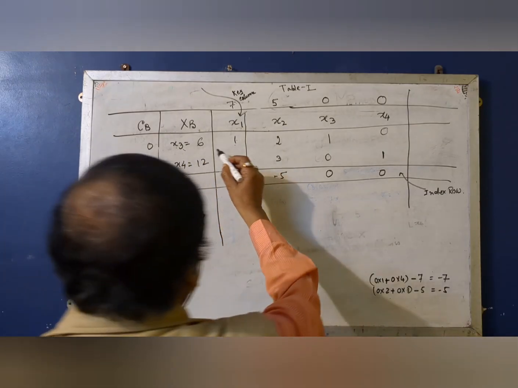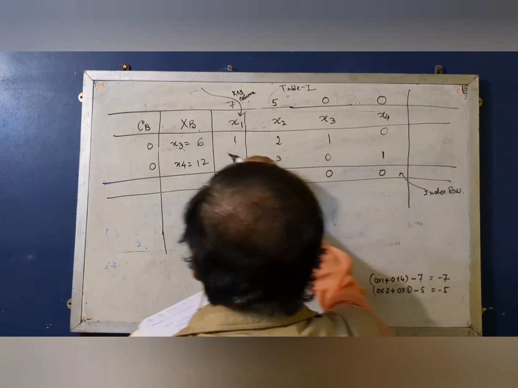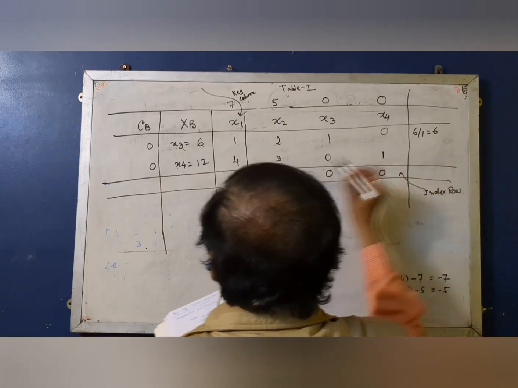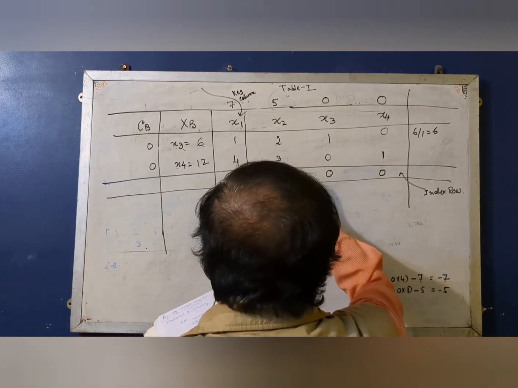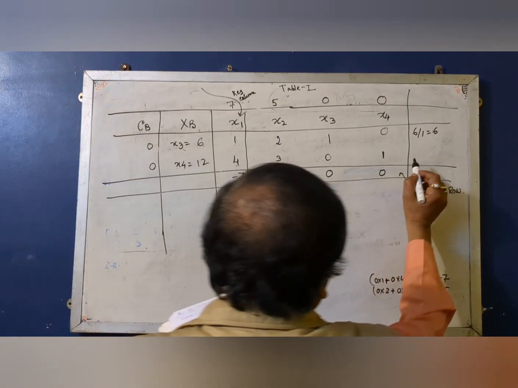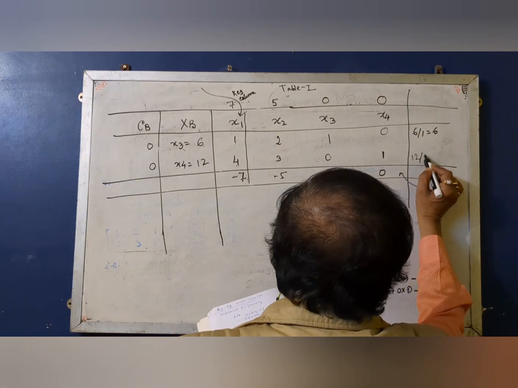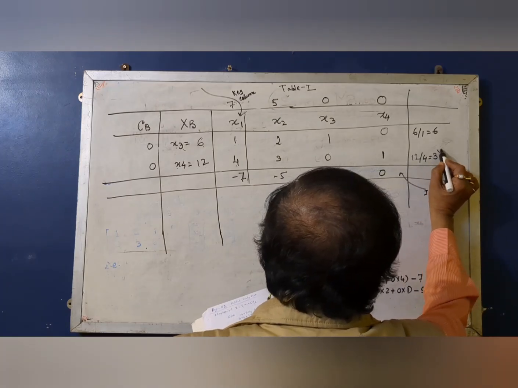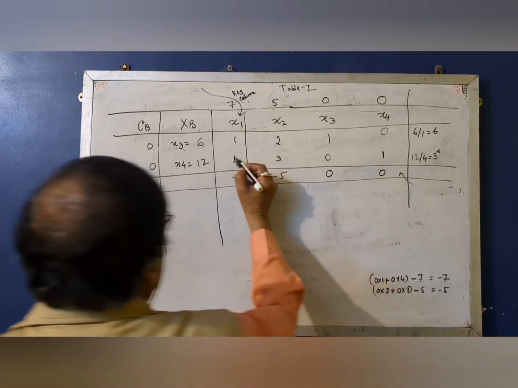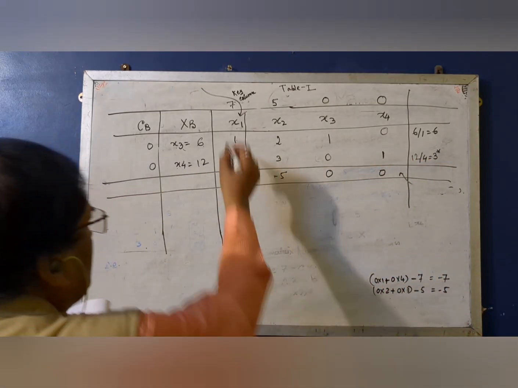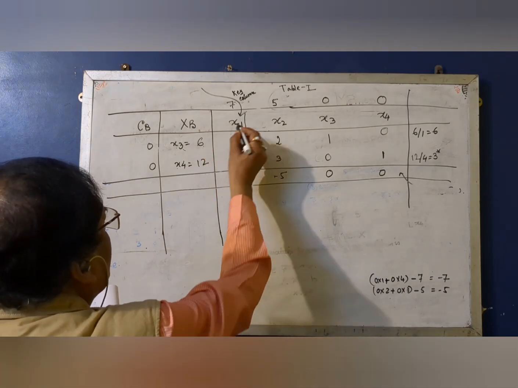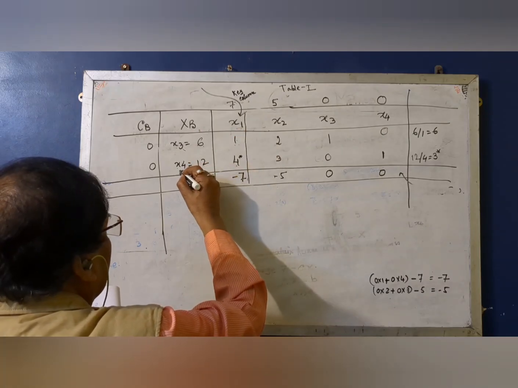For that you have to find the ratio. 6 divided by 1 is 6, and 12 divided by 4. Each element of the key column is used to divide the corresponding basic variable value. So 12 divided by 4 is 3, and you select the lowest ratio. That means this is the key element. This is the key column and this is the key element. That means in place of x4 you have to bring this variable; it will be in the decision variable.